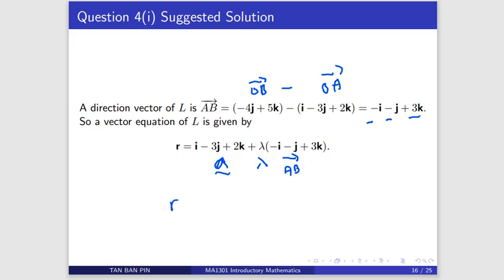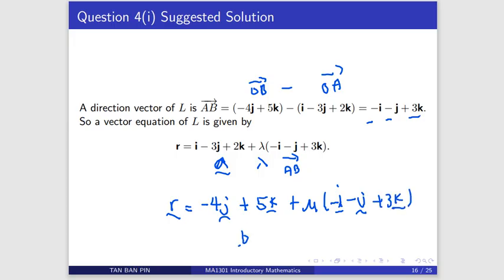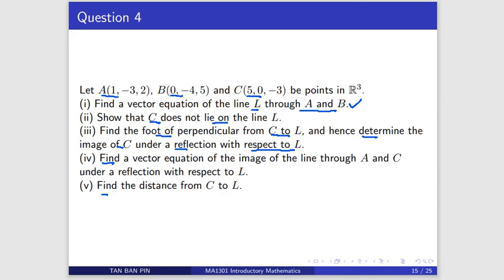You can also write it as r equals, using point B, minus 4j plus 5k plus nu, then minus i minus j plus 3k. You can also use the point B instead of point A. So that's part 1.